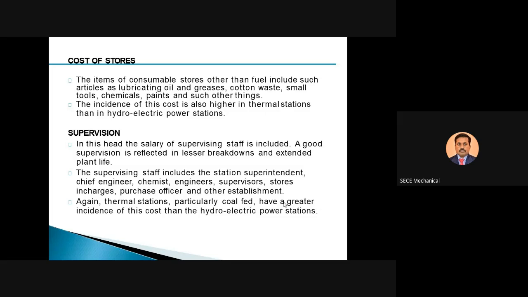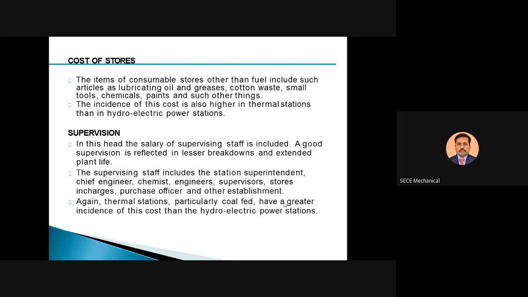Yesterday also we discussed, for better maintenance, if you want to do some maintenance operation or increase the power plant production, you have to do continuous supervision. Supervising staff include the station superintendent, chief engineer, chemist, engineer, supervisor, store in charge, and purchase officer.